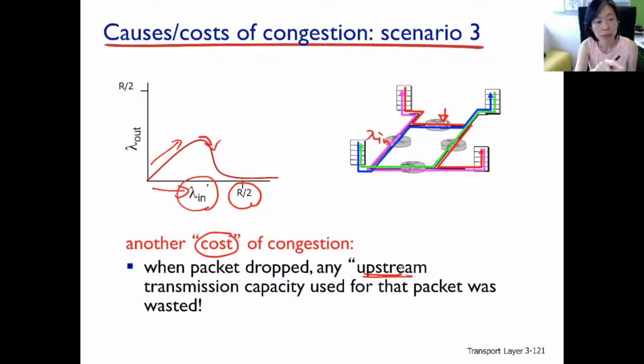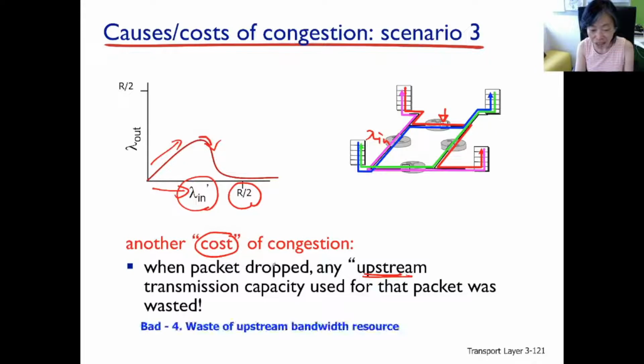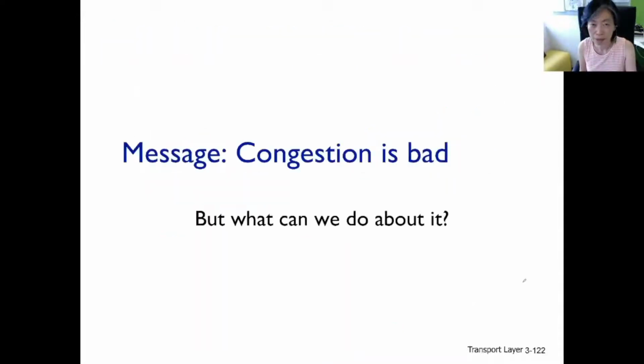Therefore, in the lambda in and lambda out plot we saw earlier, the margin is very small. But here, the upstream bandwidth is all wasted, so the amount of resources we are wasting here could be very high. So the hidden cost here is the waste of all this upstream bandwidth resource, and this is a big cost. So the message here: congestion is really, really bad.